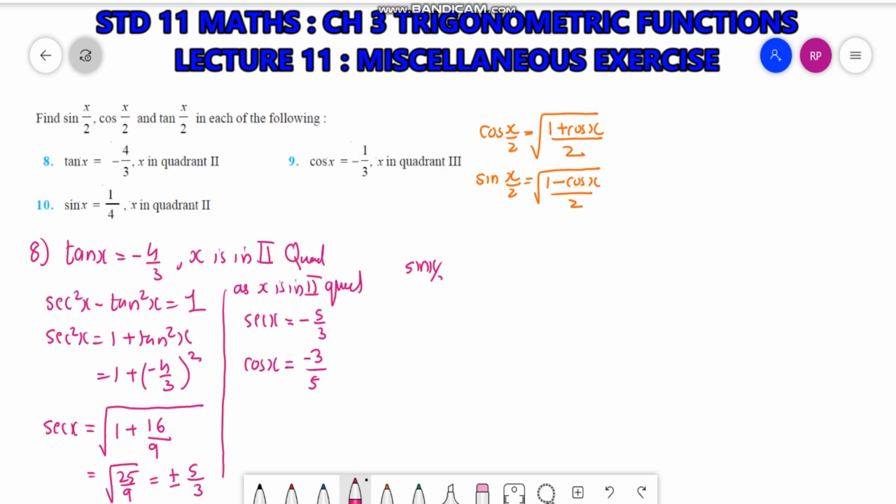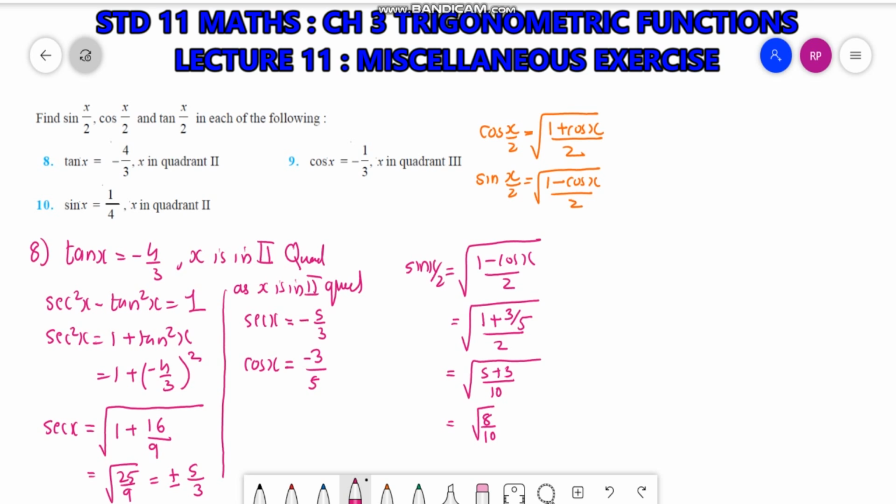Okay, so now to find sin x by 2, sin x by 2 is equal to the square root of (1 minus cos x) upon 2. So this will be equal to 1 minus, what is cos x? Minus 3 by 5, so it will be plus 3 by 5, upon 2. So 5 plus 3 upon 5, and these 2, so 5 2s are 10. So this will be equal to the square root of 5 plus 3, 8 by 10. Square root of 8 by 10.